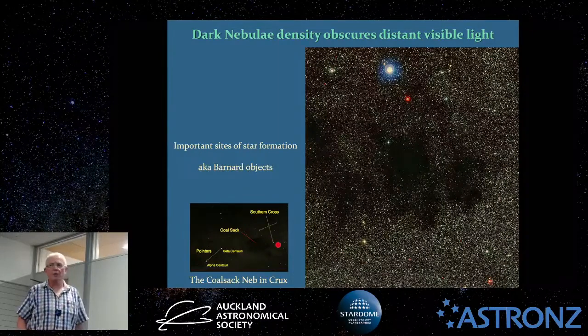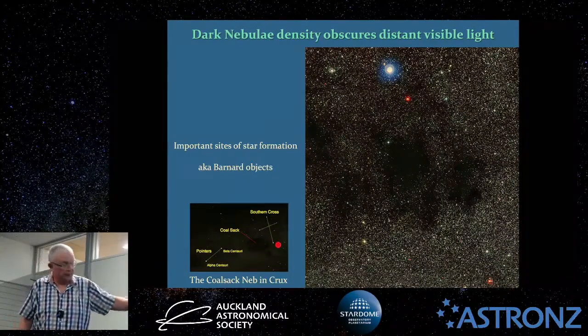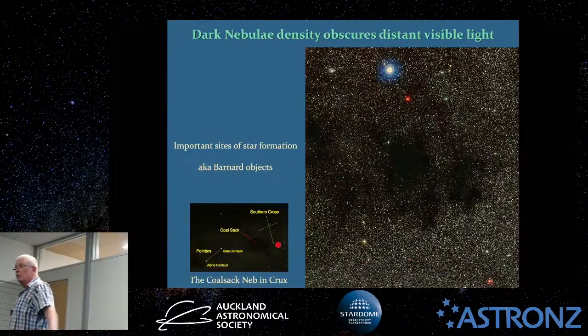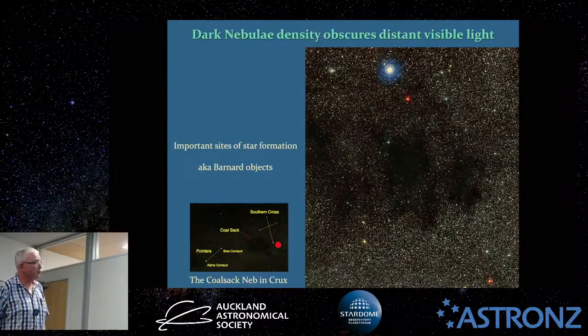You need a dark, moonless night to see it, but look between the pointers and the Southern Cross next time you get a real pitch black night, let your eyes adjust, and you'll see a big black patch. That's known as the Coalsack, for obvious reasons. It looks like a sack of coal. So we do have one of those nearby that we can see.